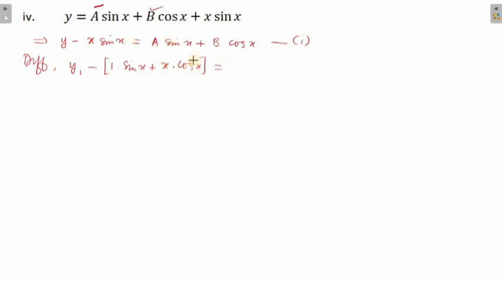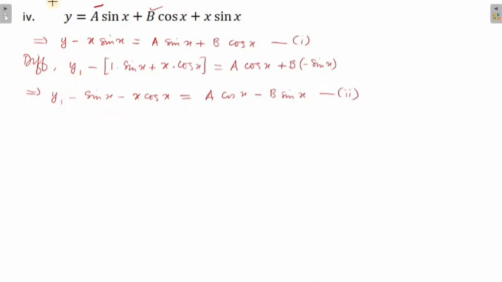On the right, a, differentiation of sin x is cos x, plus b, differentiation of cos x is minus sin x. Let me quickly open the bracket. So it is y1 minus sin x minus x cos x is equal to a cos x minus b sin x. Call this equation number 2.